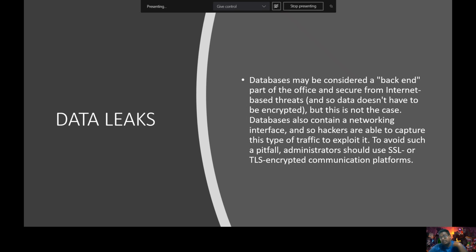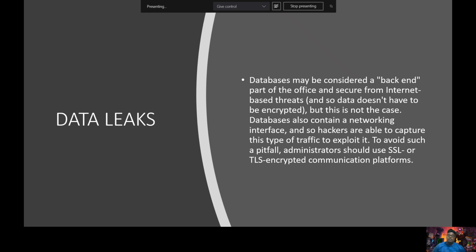When you send this email to person B, while the email is going through the middle, hackers can try to attack and steal the data. That's when data leaks happen.